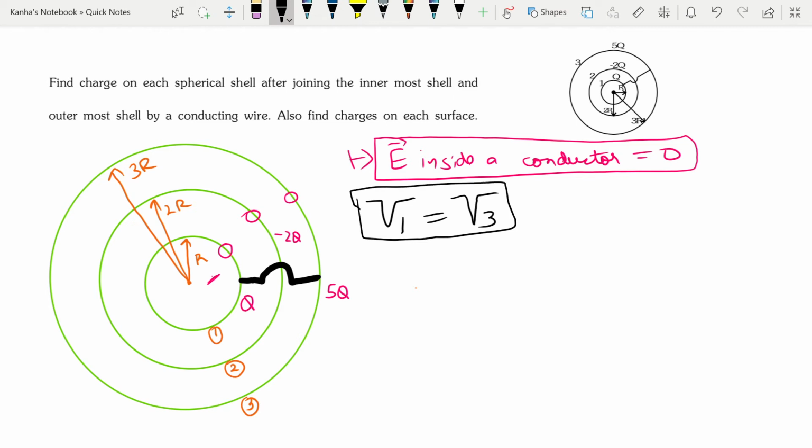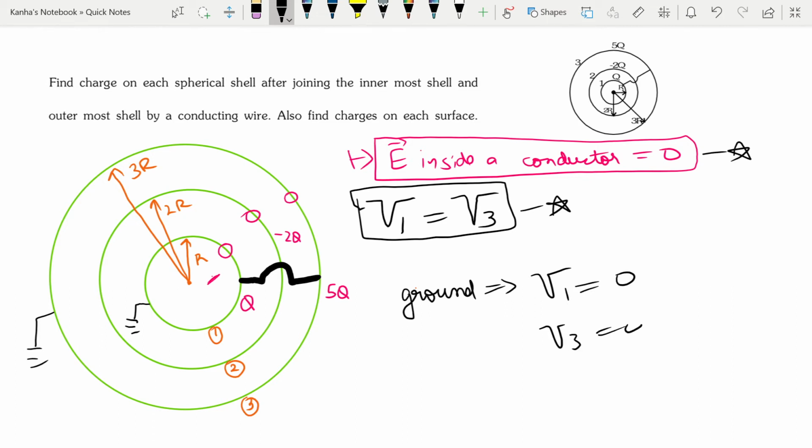This is another thing that you need to remember to solve any questions of this sort. You could have been given in the question that the first surface is grounded or the third surface is grounded. What does it mean? When you ground something, that implies the potential there, for example V1 is equal to 0 in the first case, or V3 is equal to 0 in the second case, because it's based on the same principle.